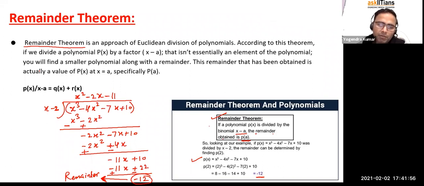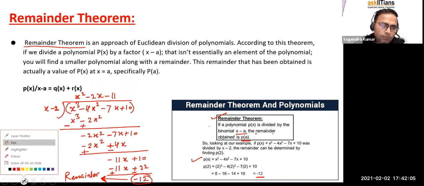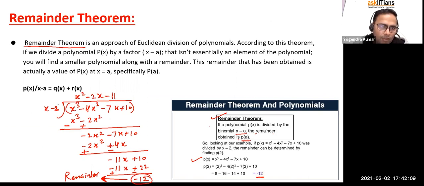One more thing you can observe here: what is the degree of the divisor? I know it is not that important right now, but you need to remember the degree here. The degree of the divisor is 1.